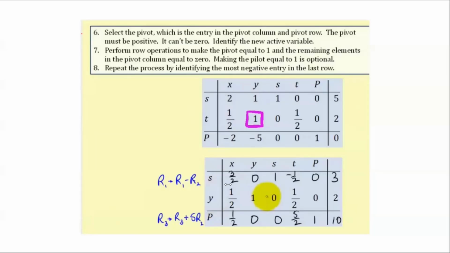And this is what you get. You can check it out: take this row, subtract it from that, and you get this. Notice over where the pivot value was, you have a 0 there, and you want a 0 below here.